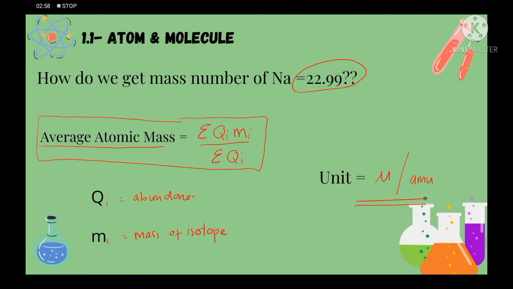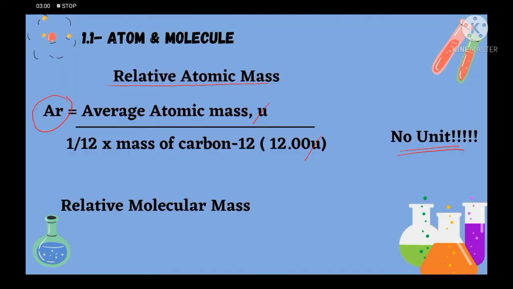But if they ask you to calculate relative atomic mass, the first step is to calculate the average atomic mass, and then the second step is to calculate the relative atomic mass. And relative atomic mass has no unit.